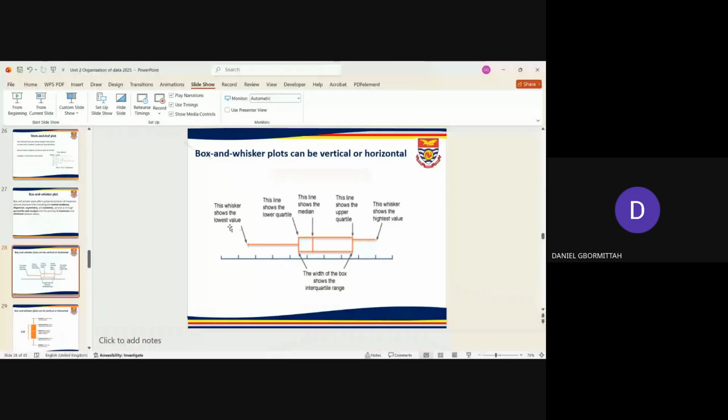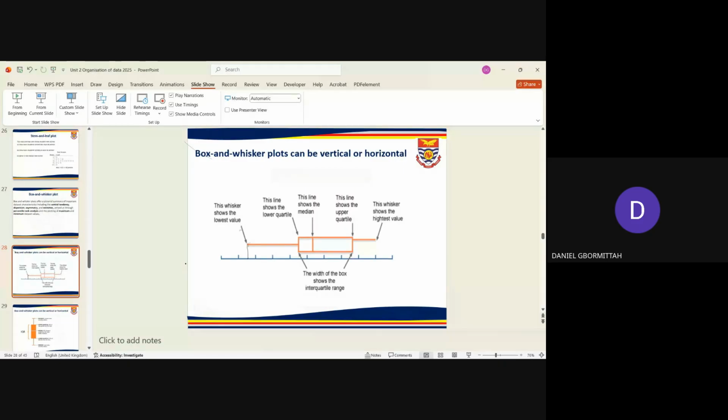So we will trace it down and then we read the value. If it is maybe 30, you note that the lowest value is 30.